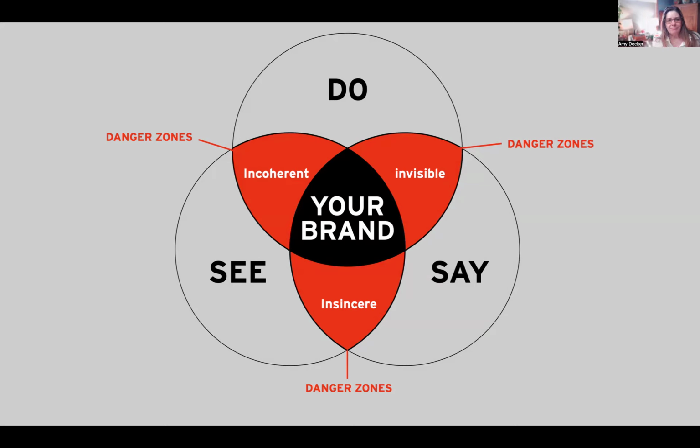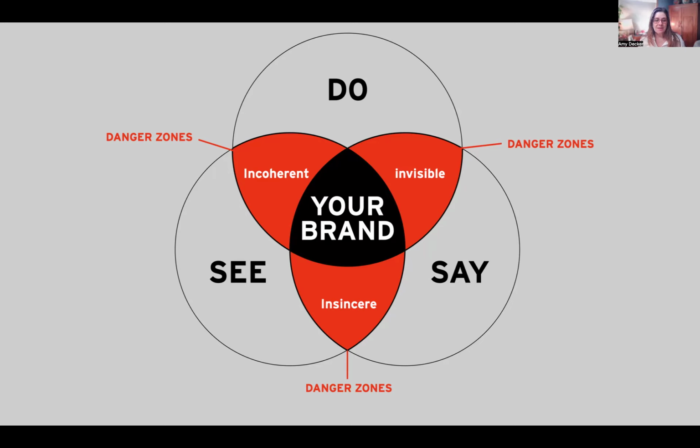So when we talk about branding, we want to talk about 3 things. It's like a 3-legged stool: your do, say, and see. Elements need to be balanced, aligned, and supportive of one another to build a strong brand that resonates with your target audience. Take any one leg away and the stool topples over.